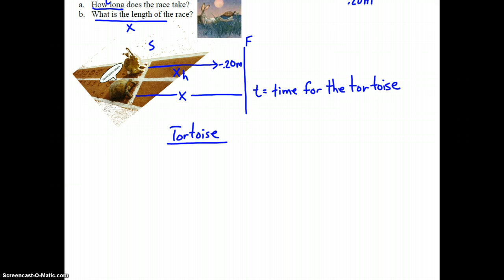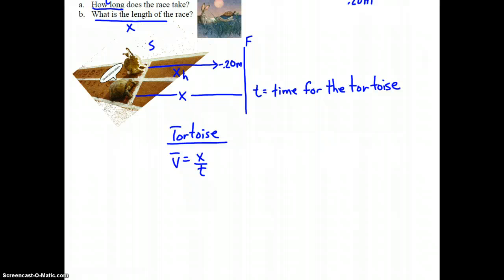The tortoise is not accelerating, so the only motion equation that we can use is v equals x over t. It is the only motion equation that takes into account an object when it's not accelerating.